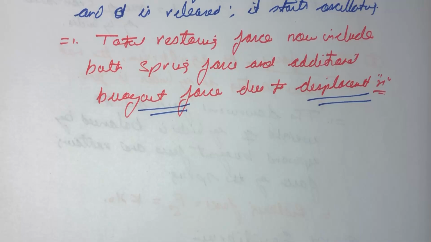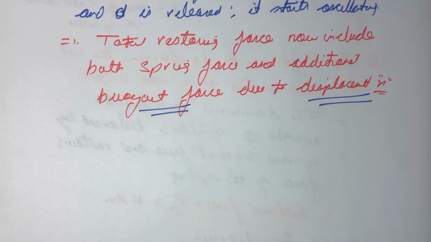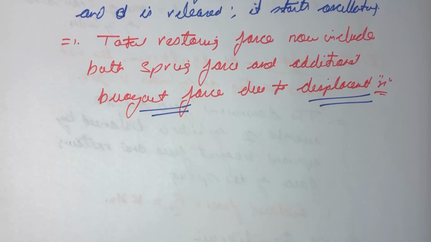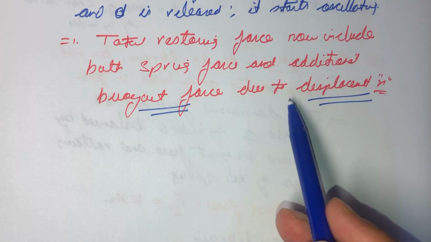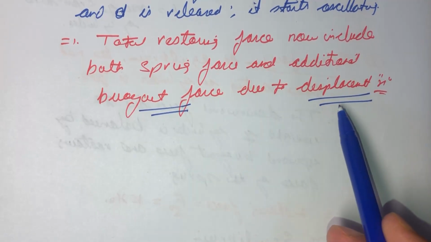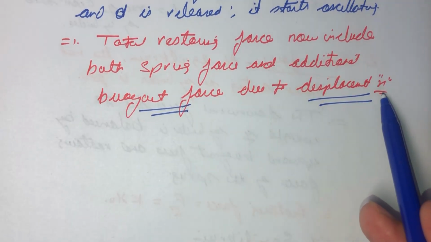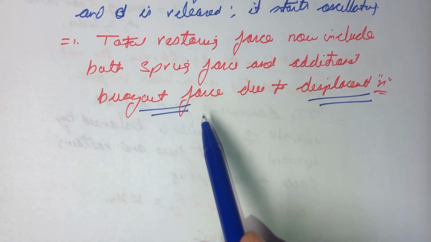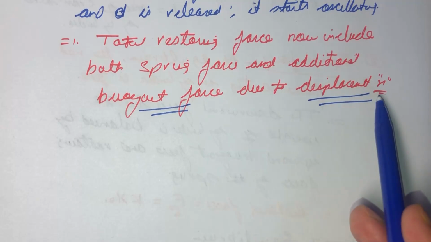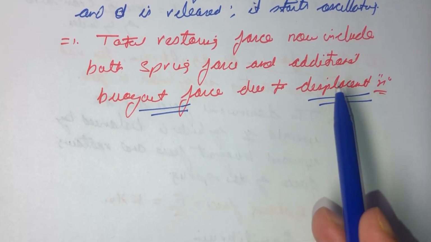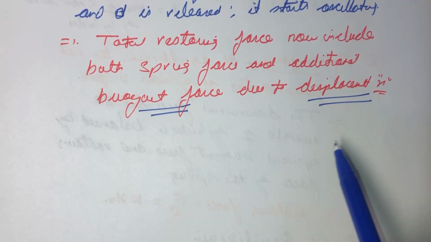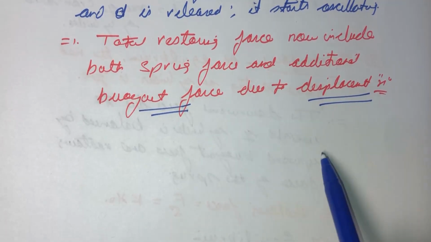Okay, so this is the key factor in order to find out the frequency of oscillation, because the buoyant force from the position of equilibrium is displaced by the x. So the buoyant force now will be additional, only because of this x, not because of the entire cylinder which is submerged.